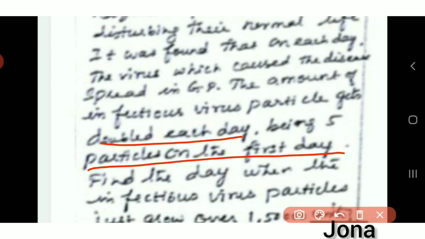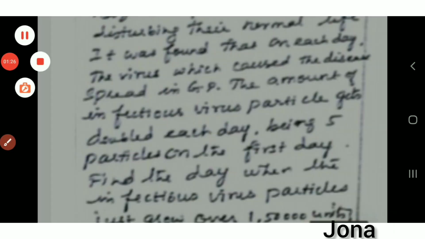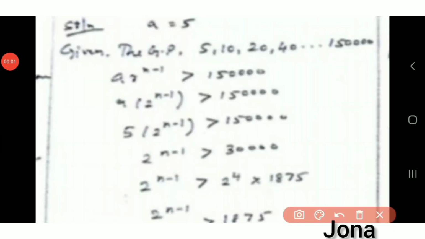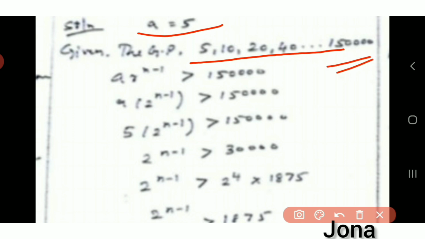We want to find when the infectious virus particles just grow over 1,50,000. Here A is 5. Given the GP 5, 10, 20, 40, etc., till 1,50,000. Okay. We know that this is a GP, isn't it?